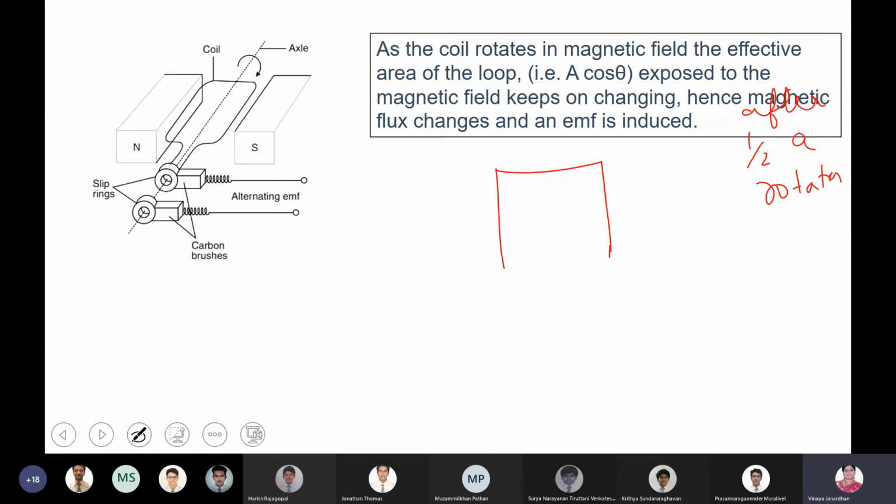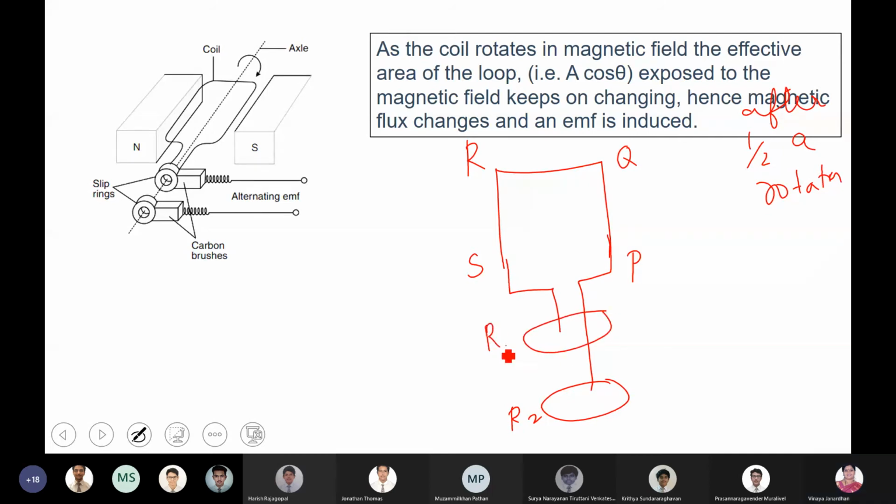RS will now take the position of PQ, and PQ will take the position of RS, because RS was moving inward and PQ was moving outward. After half a rotation, this is how the coil looks. So now PQ is connected to the ring R2 and RS is connected to ring R1. Is that correct, boys? So this is in contact with brush B1, and this is in contact with brush B2.